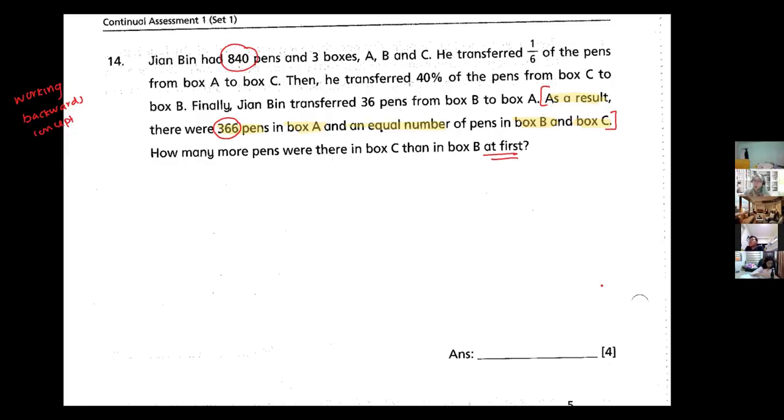So we need to compare between these two first. I have 840 pens at first. In the end, I'm left with only 366 pens. How many pens have I used? So I need to find the difference. This is what I'm going to do first.